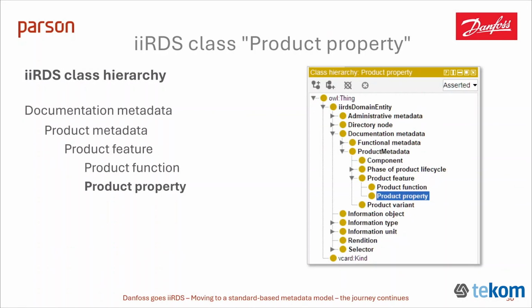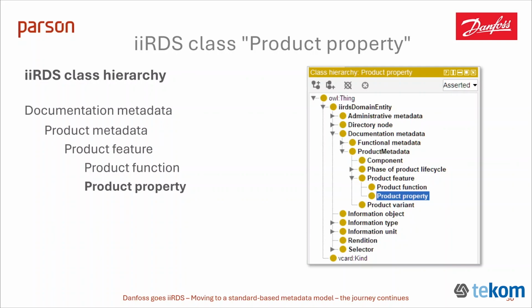Just a step back to show you where this is located in the hierarchy of iiRDS classes. The product property is part of the documentation metadata. Next level is the product metadata. It's a product feature, and product feature is separated between product function and product properties. And this is, of course, part of the product.